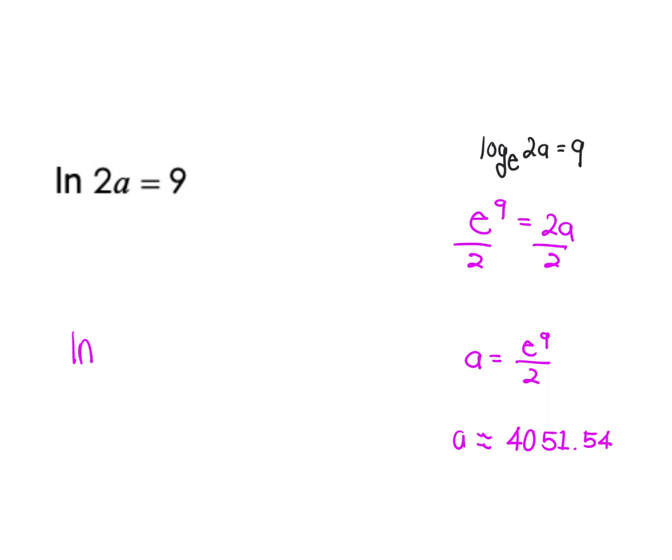And I would do this as ln of 2 times 4051.5419637877. This is what the answer is on the calculator, and that should give you 9.